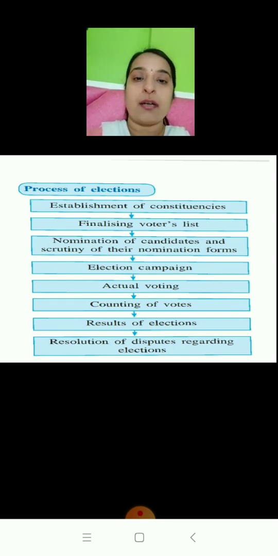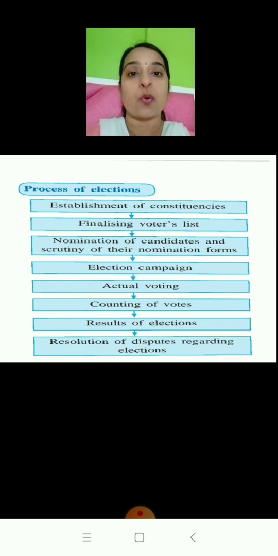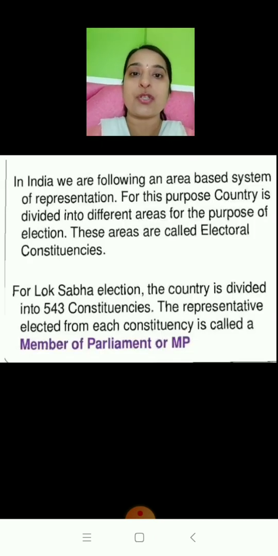Now children, let me explain. The first point is establishment of constituencies. What are these constituencies? In India we follow an area based system of representation. So our country is divided into different areas for the purpose of election.